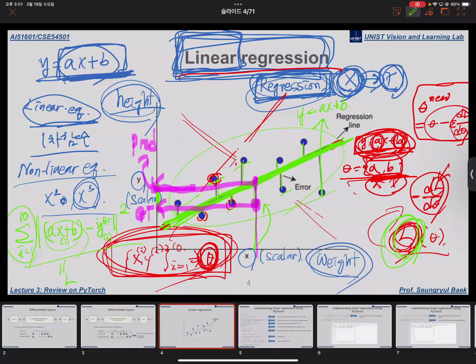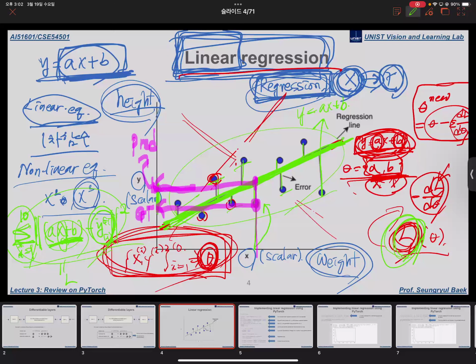So this is our prediction. When given x_i, we can calculate our prediction by multiplying by A and adding B, which are the parameters. And by finding the Euclidean distance to the ground truth value y_gt, we can calculate their distance. And if we sum it for all the training data, then this would be the loss function, right?